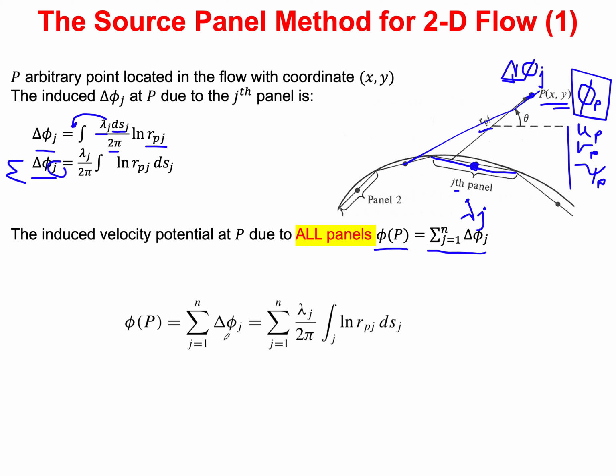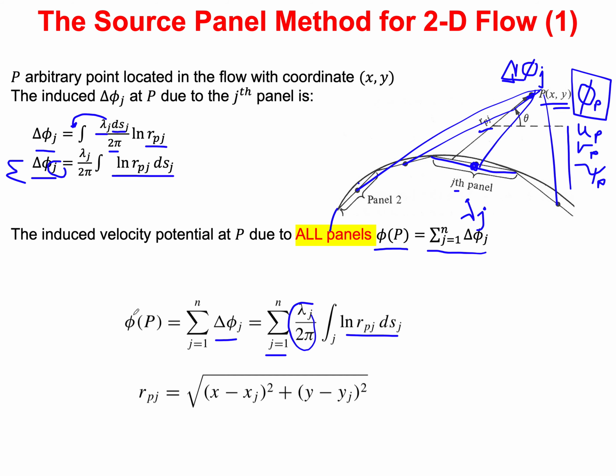So when you sum all the delta phi's, you plug in the log r_PJ ds, and then you have the lambda over 2 pi. So you just sum them all up for all panels from 1 to n. So that's panel 1 here, panel 2 is also contributing, panel 3 is contributing, panel J is contributing, so you'll complete the circuit, and you get the phi.